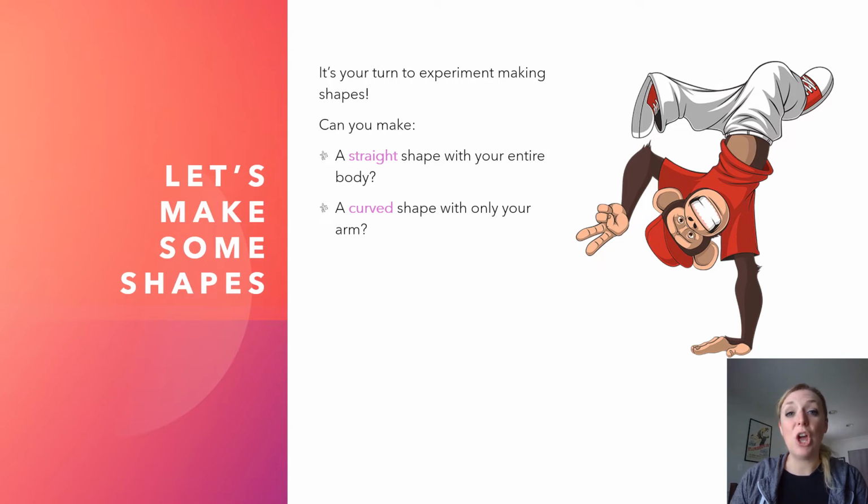Can you make a curved shape with only an arm? Okay. What about an angular shape? So think about angles that you do in maths with your legs and feet. So create some angles with those legs and feet.